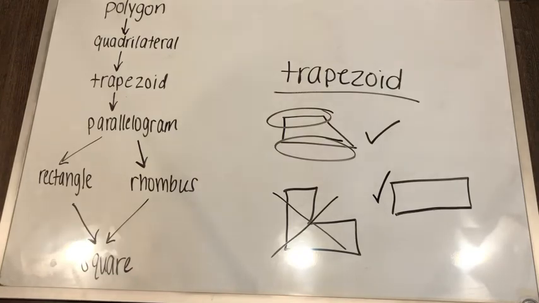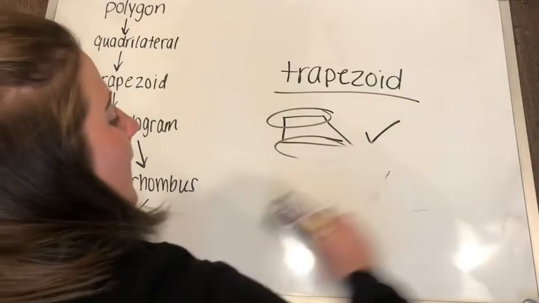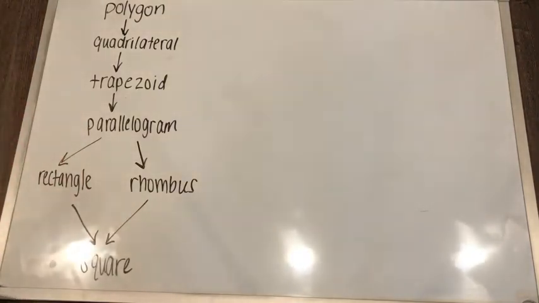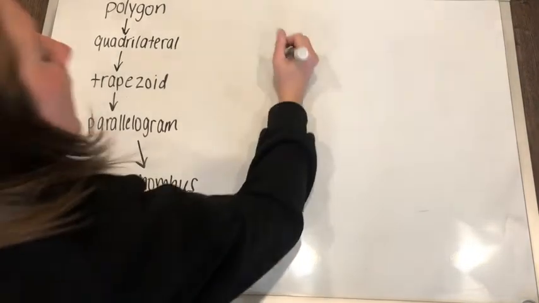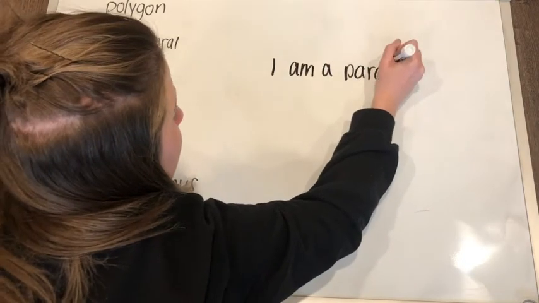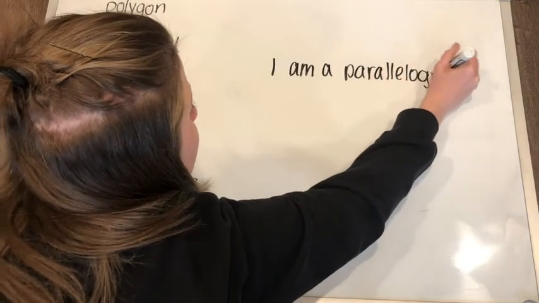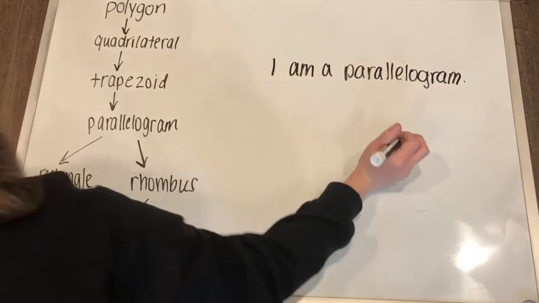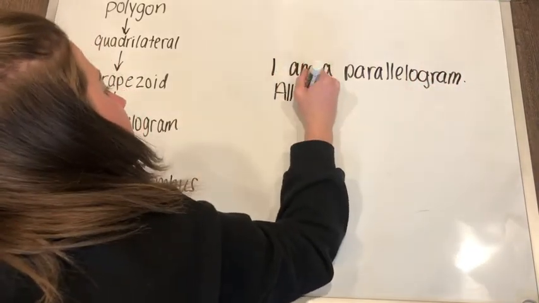Now, you may be given more like a riddle where you have to figure out what the shape is. So I am a parallelogram. All my sides are the same.